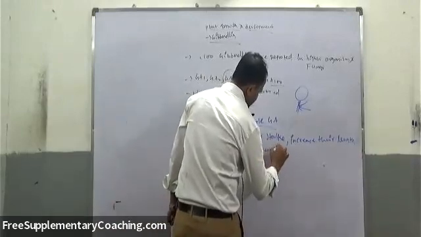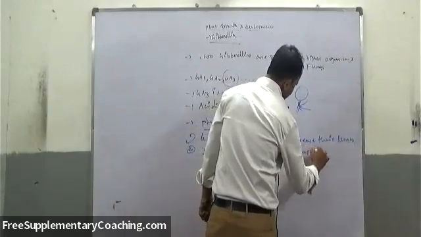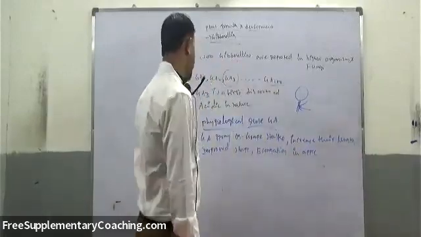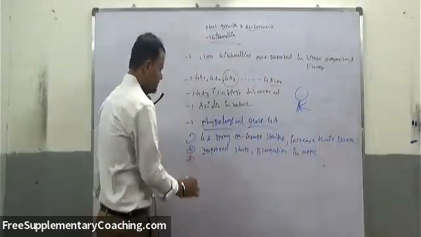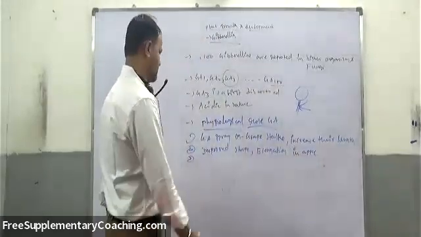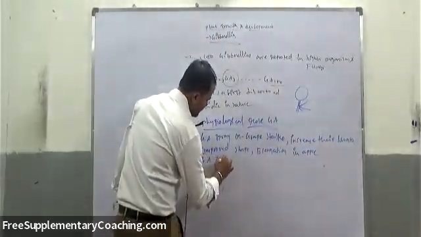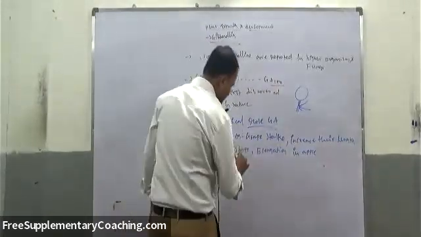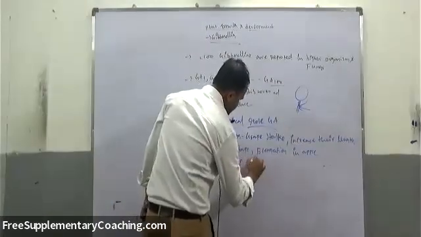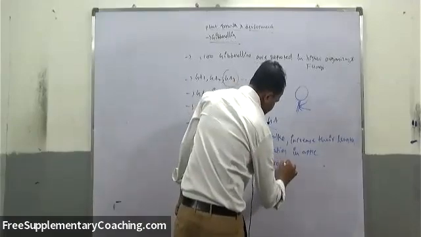Then the next one: gibberellic acid speeds up the malting process.